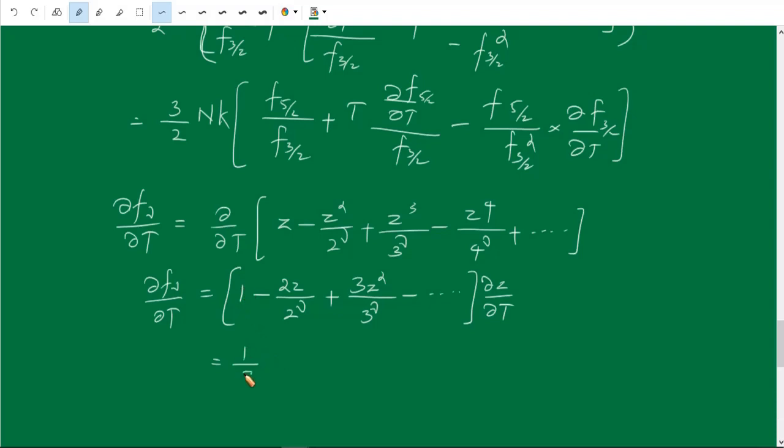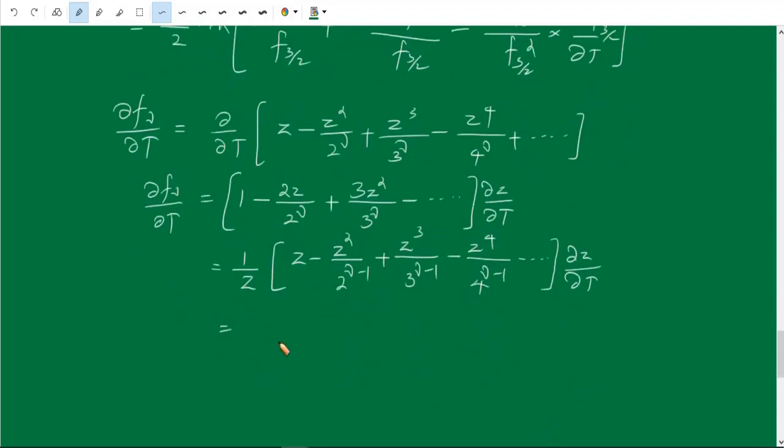Okay, so 1/z times (z − z²/2^ν, so 2^(ν−1) it will become, so z²/2^(ν−1) + z³/3^(ν−1) − z⁴/4^(ν−1) etc.) ∂z/∂t.